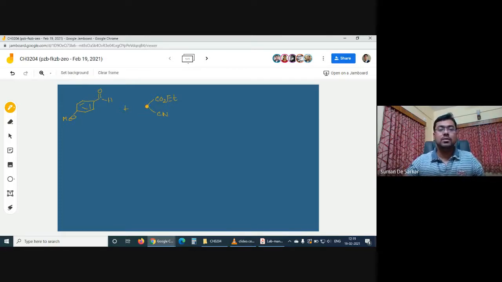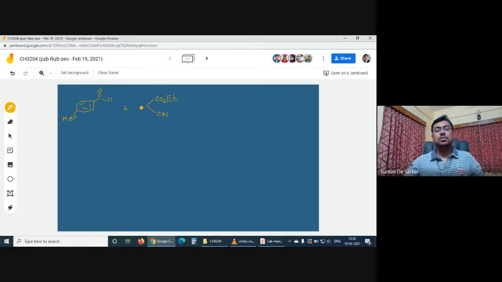You can see there is a CH2 here. If you somehow deprotonate this one, then you can form a carbanion here, right? That can serve as a good nucleophile. And why will this formation be easy? Because there is a CO2Et group and a cyano group, both electron withdrawing. If you generate a negative charge here, it can be easily stabilized by these electron withdrawing groups.